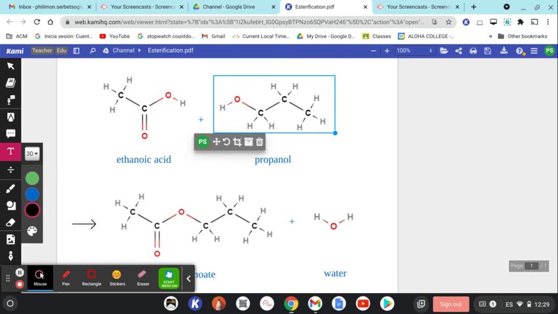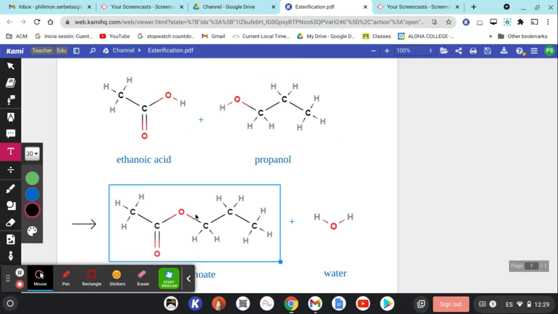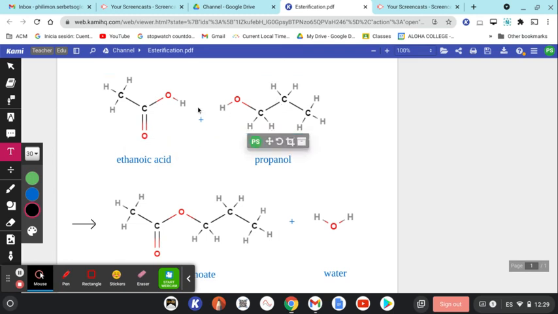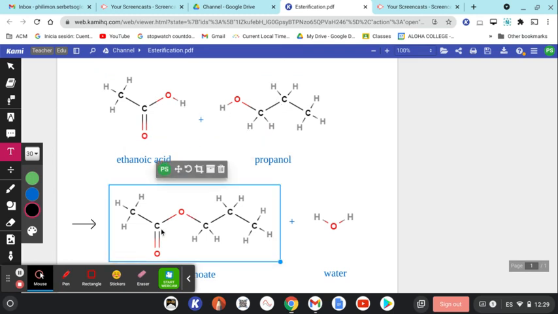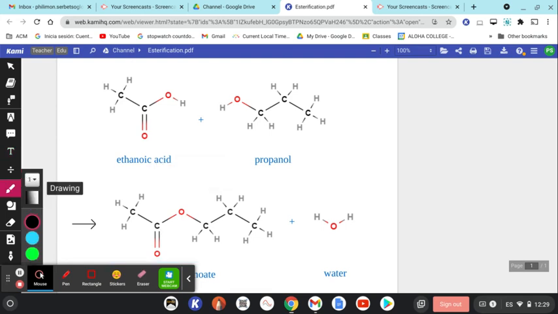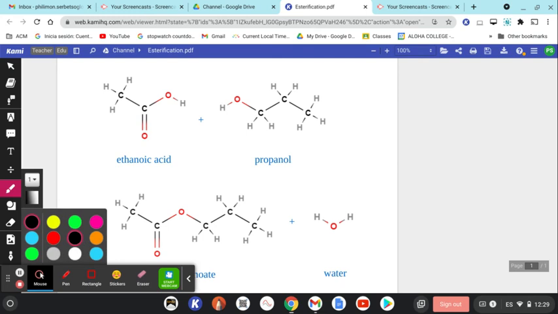We form an ester, which can be seen here below. Now, I've placed them in this order so that we can see how this link forms. A good way to think about it is that when these two compounds combine, they join to make a larger molecule and they lose water.